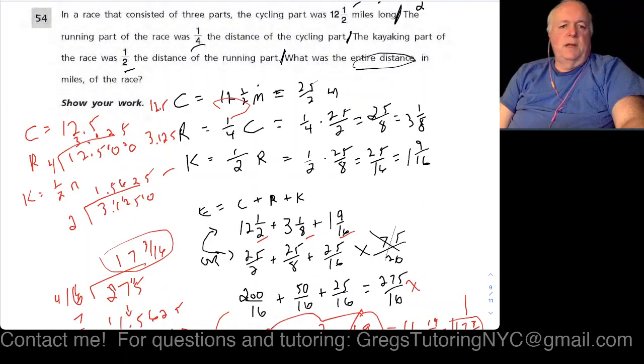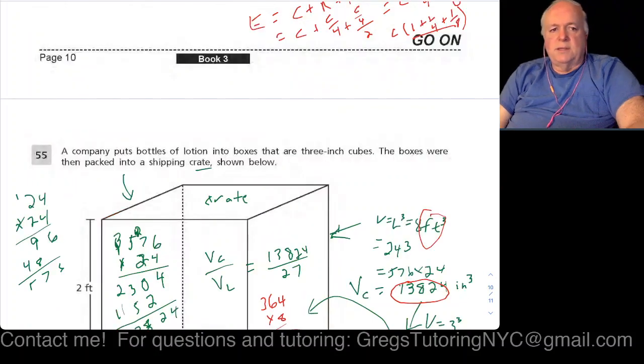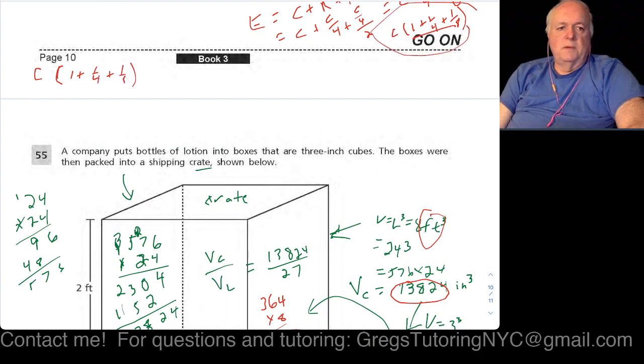Okay, so I said I was not going to fully solve this last problem, but I might as well. We ended up with that last line, which was C times 1 plus 1/4 plus 1/8. What we really need to do is get this to be an eighth.